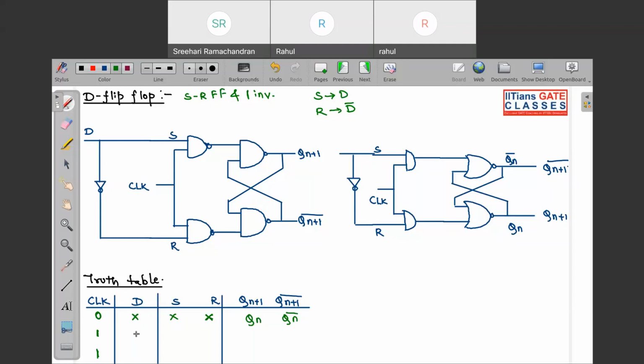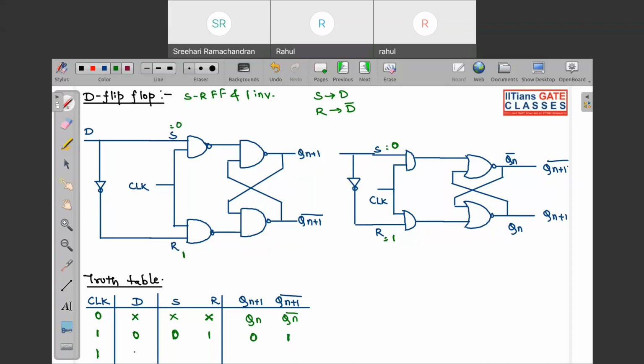Now assume clock is 1 and D is 0. Set is 0 and reset is 1. Whenever set is 0 and reset is 1, the output will be, sorry, 0 1.